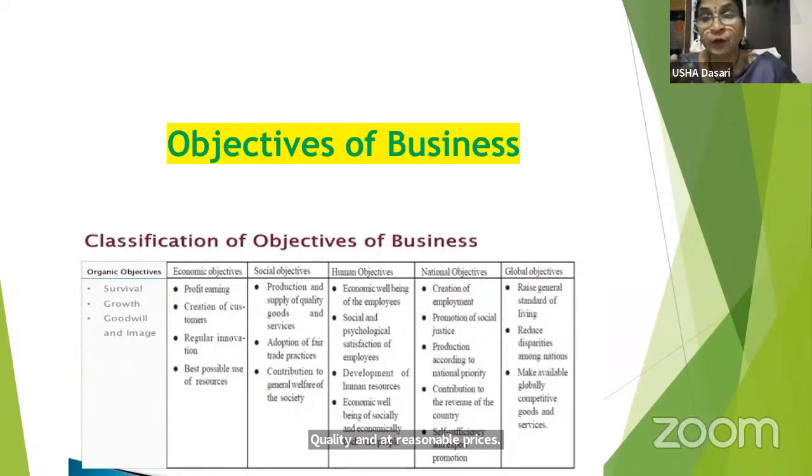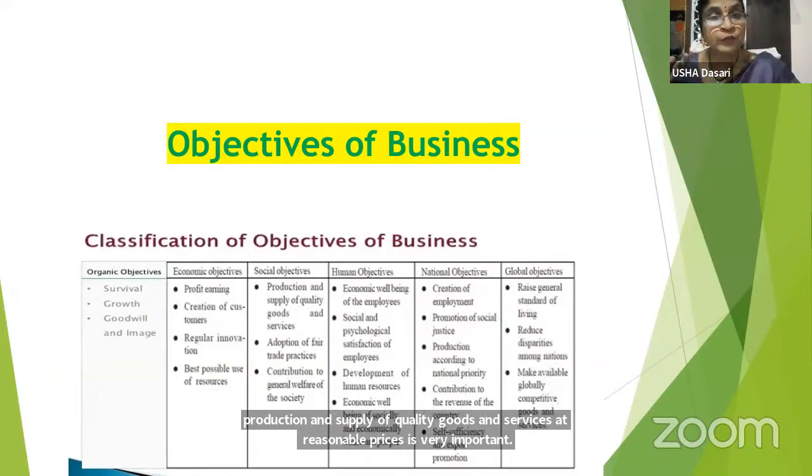Supply of adulterated goods, inferior quality goods, unusable or harmful products is detrimental to the survival of every business. Remember that the customer is now more educated and quality conscious and expects value for his money spent. So whenever you start a business, remember that production and supply of quality goods and services at reasonable prices is very important.